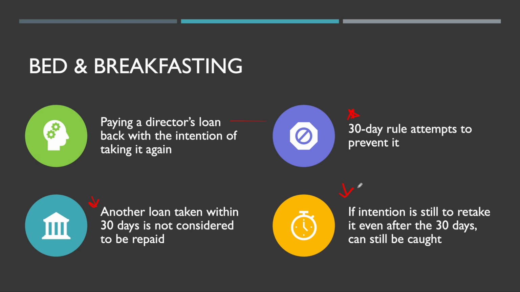Let's say you paid it back and 60 days later you need to borrow some more money for a purchase, and it would be beneficial to do it through the company. You didn't originally have the intention of taking that loan out again. It just happened to work out that way, in which case it wouldn't be classed as bed and breakfasting, but it's all about the intention on whether or not you were going to take it again.